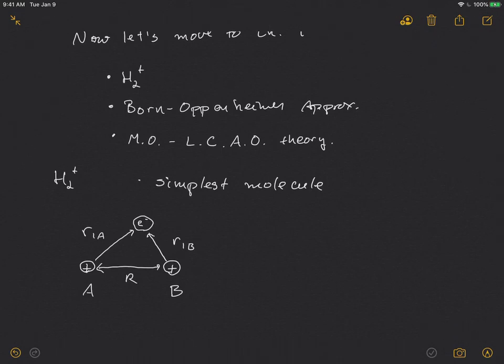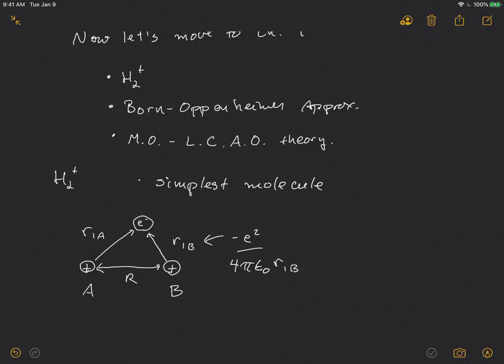Related to this R1b, we're going to have a Coulomb attraction between the nucleus B and the electron, and that Coulomb attraction is going to be minus e squared over 4 pi epsilon naught R1b.